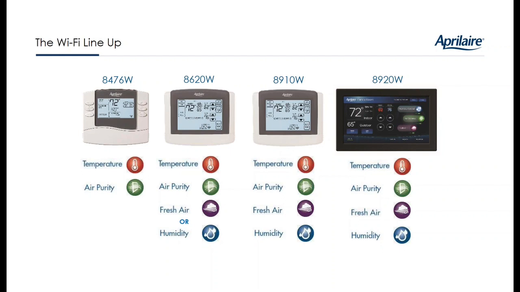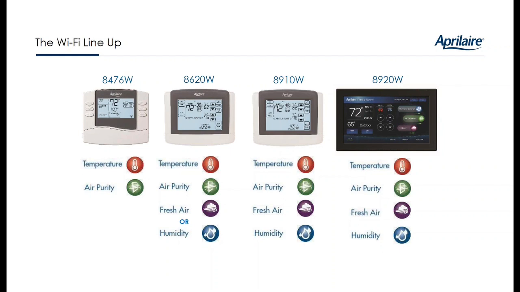Stepping up from that, you get into our touchscreen thermostats. The first entry in our touchscreen lineup for Wi-Fi is the 8620W. In addition to heating and cooling as a universal and multi-stage thermostat, so that means heat pump or heat cool, you get to also control event-based air cleaning as well as one other IAQ product. So you can think of it as humidification or dehumidification or fresh air.